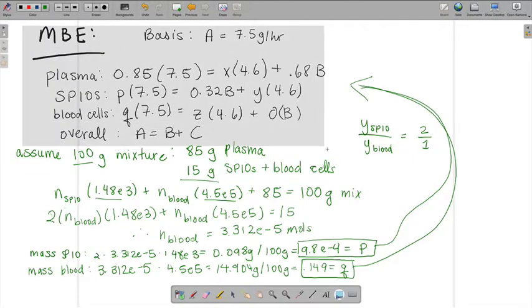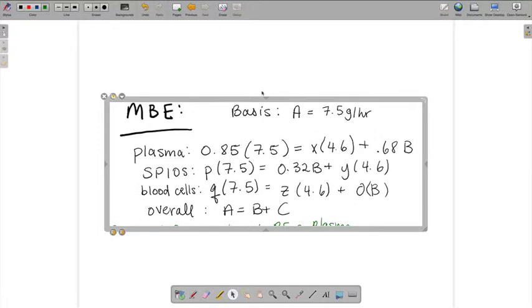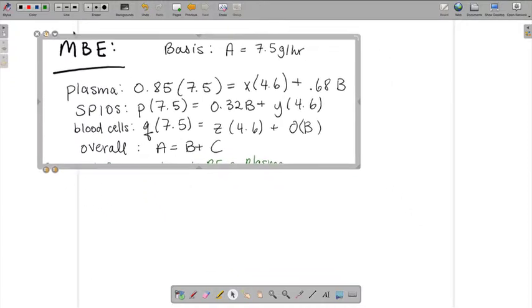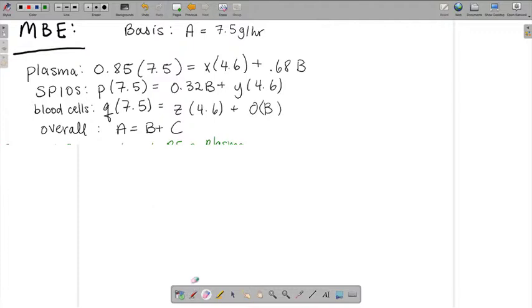We have these as our mass balance equations, and we also know now that P is equal to 9.8 e negative 4, and also that Q is equal to 0.149. So let's substitute these values in for our equations.